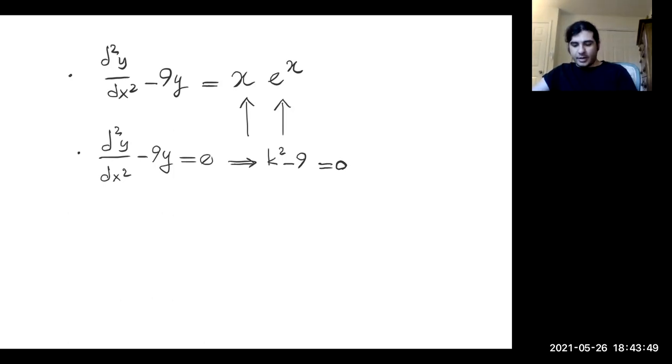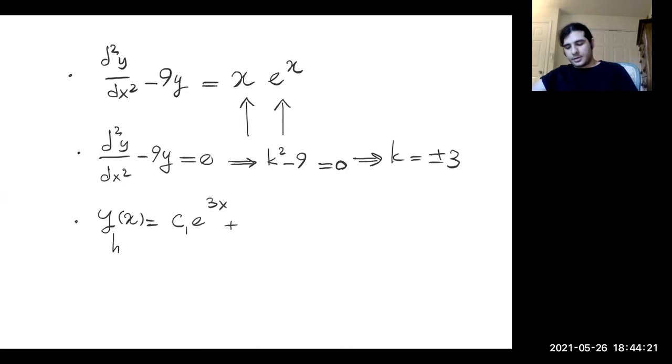We would solve it. These solutions are plus and minus 3. So our solution has two parts. One part is related to this homogeneous equation, and the solutions are a linear combination of e to the 3x plus e to the minus 3x.